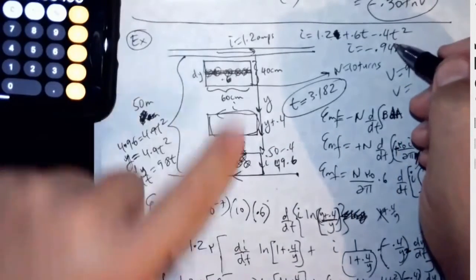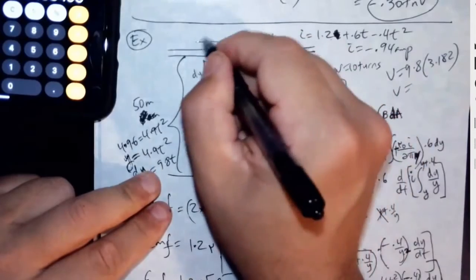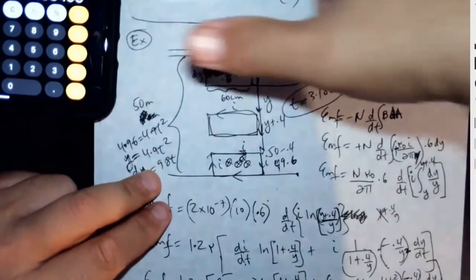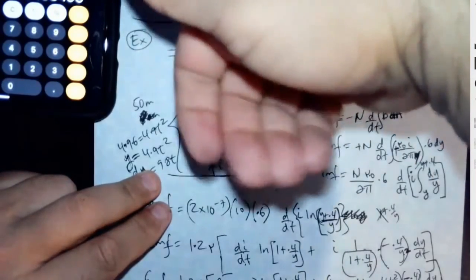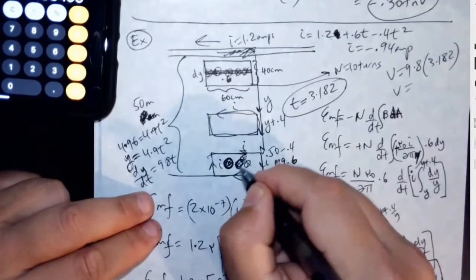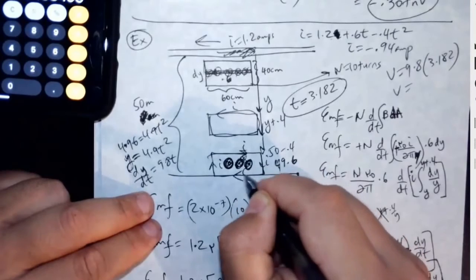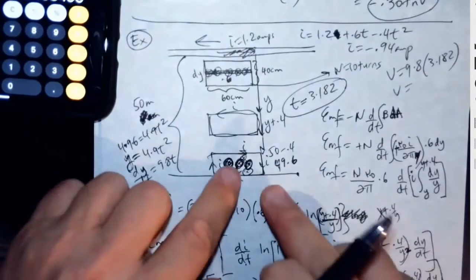So by the time that this guy has hit the ground, the current has flipped to the left, which means what kind of field is it producing? It goes like this, and then it's producing a B field out of the board. You see, it's producing a B field out of the board.